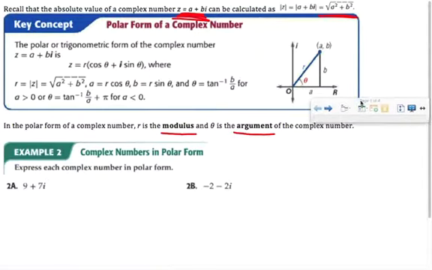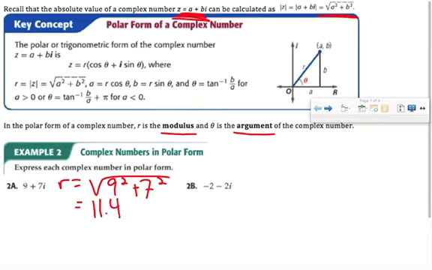So, very much like what we did in the last lesson, we find the r value. It's the square root of 9 squared plus 7 squared. So that's the square root of 130, and the square root of 130 is 11.4.